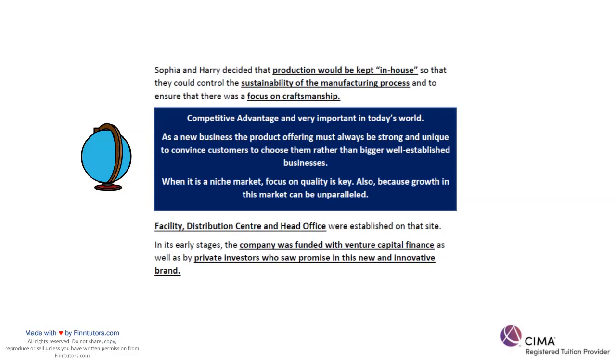Just before we move on, funding is something which is part of your F1 syllabus, debt and equity, not in too much detail, but we should know that debt and equity are part of our F1 syllabus. We'll be discussing more about this when we get to our financials stage.